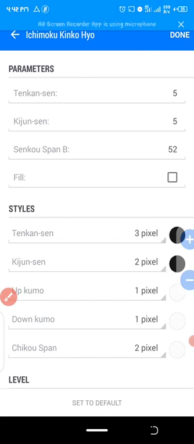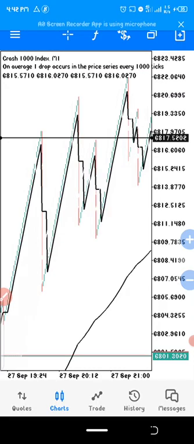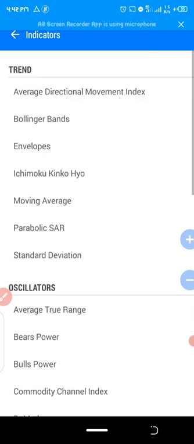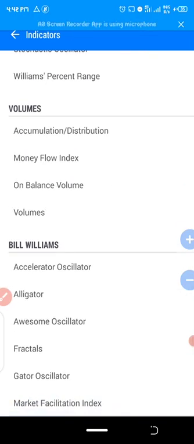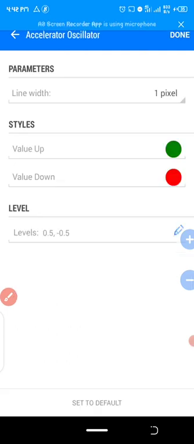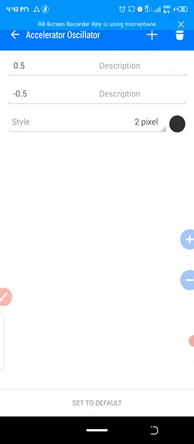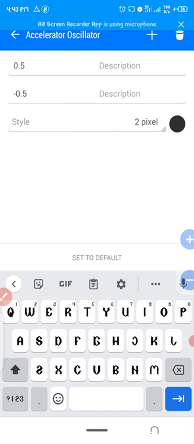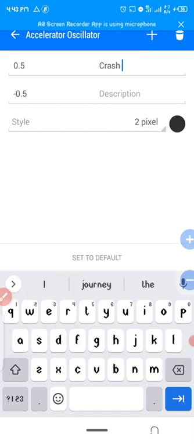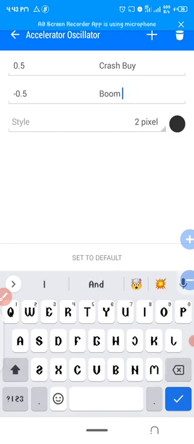All right, so you click on done, and then click on the F button, click on main chart, and then you look for the oscillator, the first indicator under the Bill Williams. Then you click on it, and you leave the settings as default, and the only thing you're changing is the level, where 0.5 is going to be a Crash buy, while minus 0.5 is going to be a Boom sell.